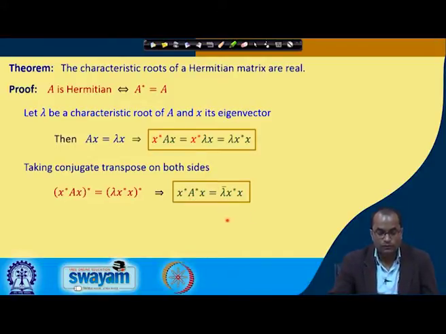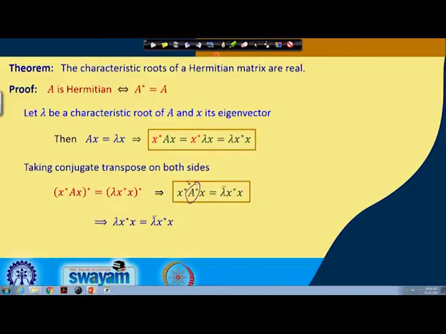With these two equations, we can conclude that the right hand sides are equal. That means lambda x star x is equal to lambda bar x star x. The reason is that A star and A are the same, so naturally the right hand sides are also the same.